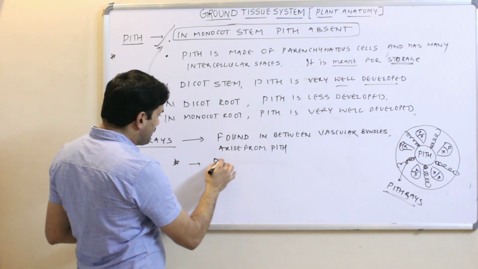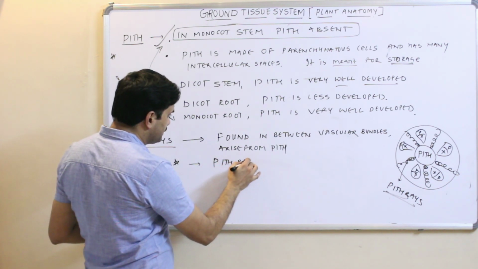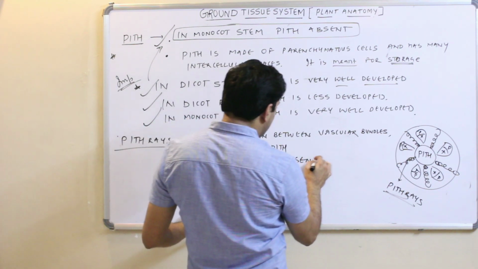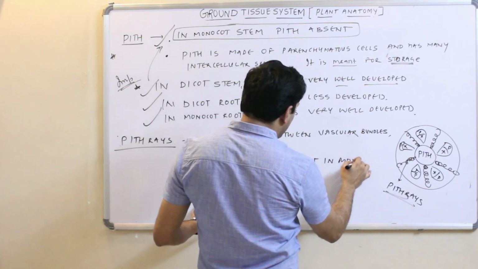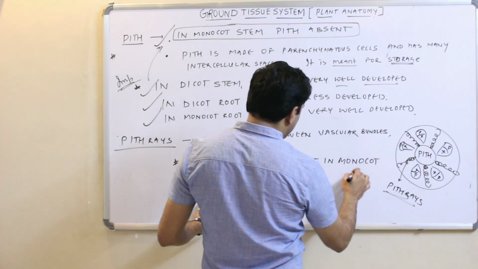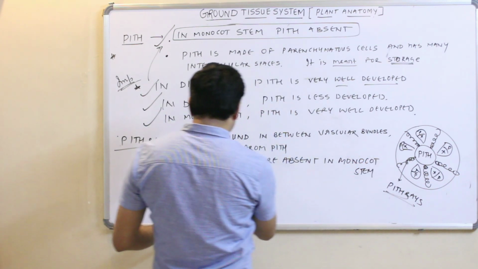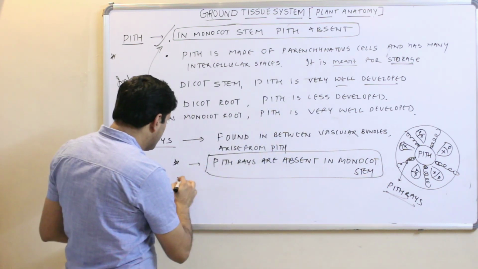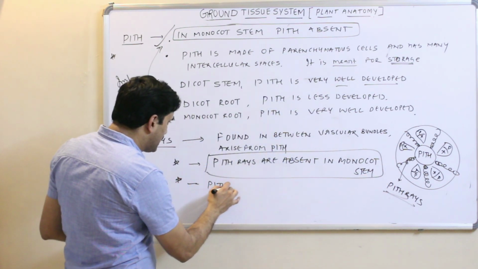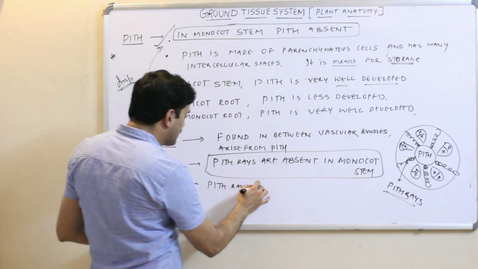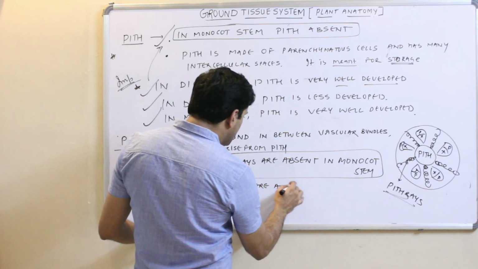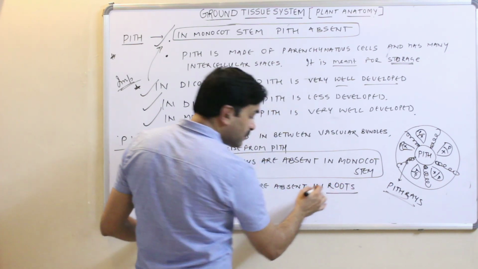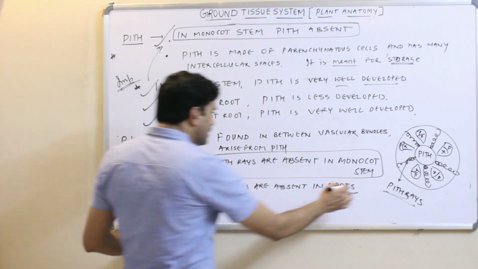Very important. Pith rays are absent in monocot stem. I've already said you that pith rays are absent in monocot stem. Now very important, pith rays are absent in roots, all roots, monocot as well as dicot, in all roots.